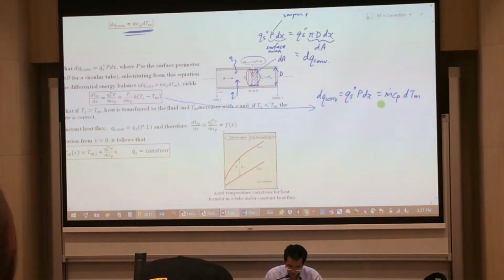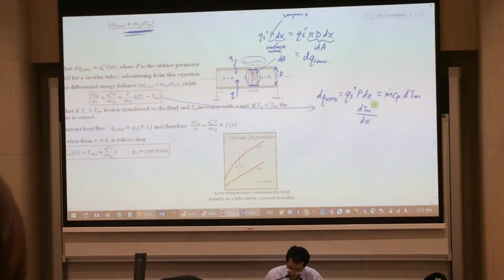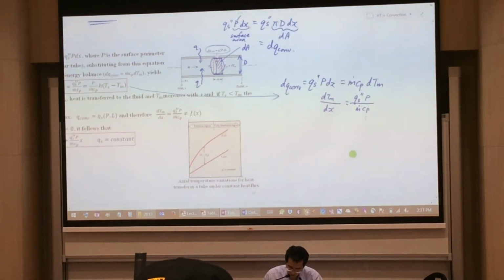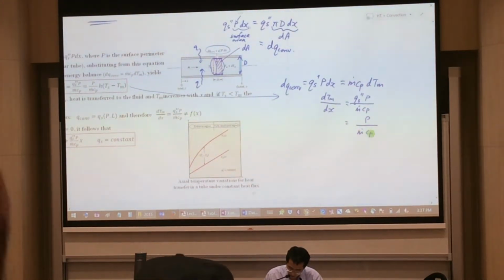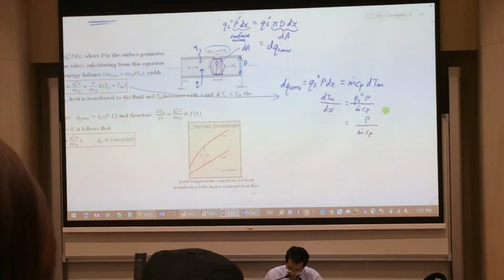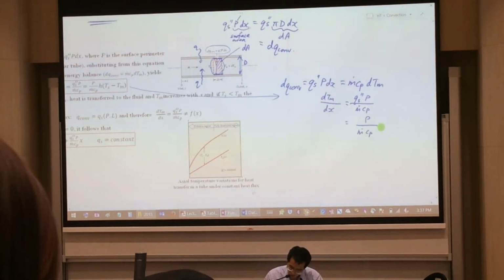So I can now solve that. That is bringing this dTm to one side. I have that dx, bring it to the other side. And the rest of it is Qs double prime P divided by m dot Cp. So this can be equated equal to P divided by m dot Cp. And this Qs double prime is our Newton's law.